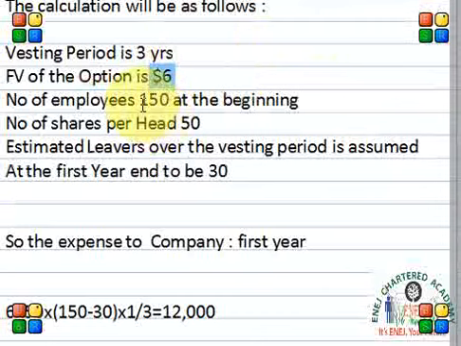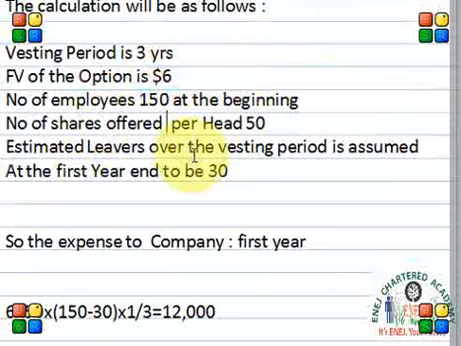Number of employees at the beginning is 150. Number of shares offered per head is 50. Estimated leavers over the whole 3-year vesting period is assumed at the end of the first year to be 30 people.